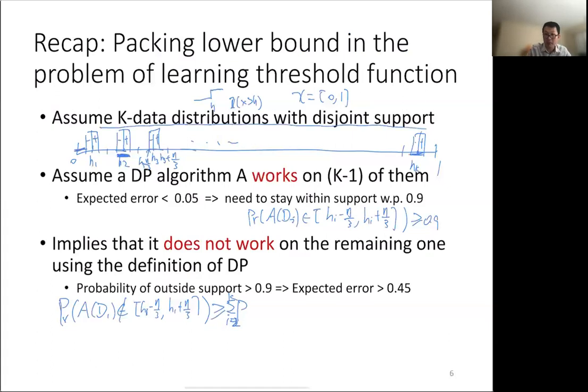Therefore, the probability of this algorithm outputting something in the union of these disjoint regions is a valid lower bound of the first probability.